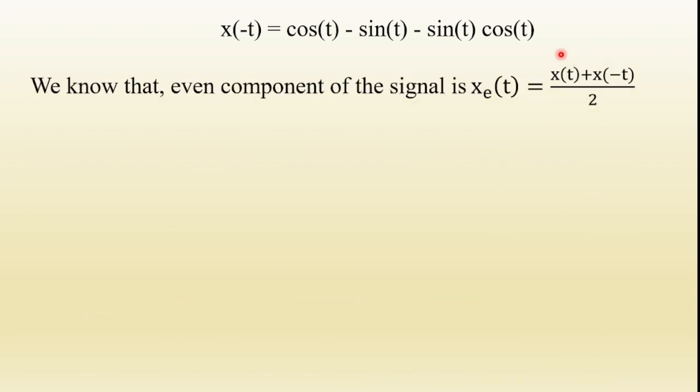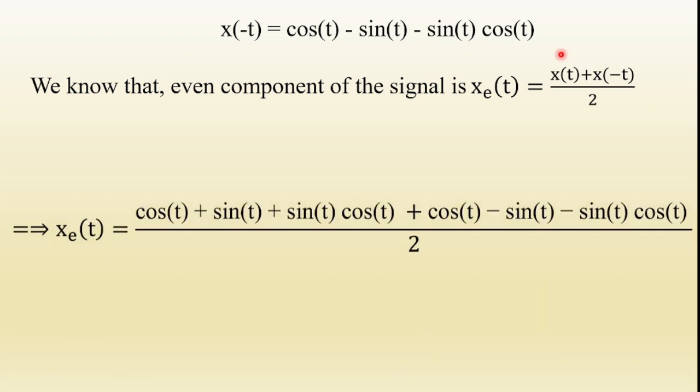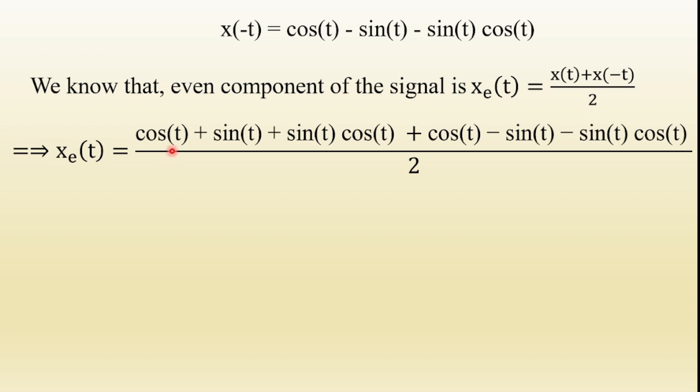Now calculate the even component of the signal, and this is the equation of the even component. In this equation, substitute the x of t and x of minus t values. We get x e of t is equal to x of t value, cos t plus sin t plus sin t cos t, plus x of minus t value, cos t minus sin t cos t, divided by 2.